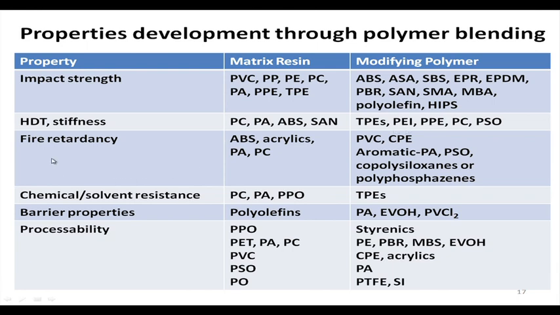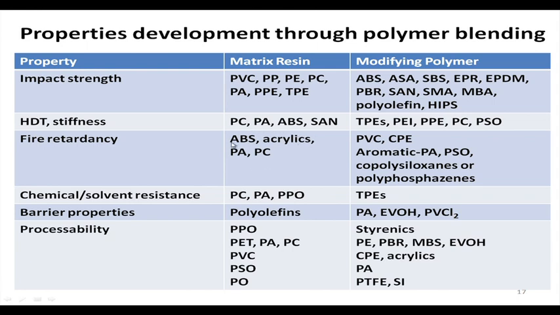Fire retardancy can also be improved in a polymer which is not fire retardant or not resistant to flame. ABS, acrylonitrile butadiene styrene, acrylics, polyamide, polycarbonate, their fire retardancy is not good.